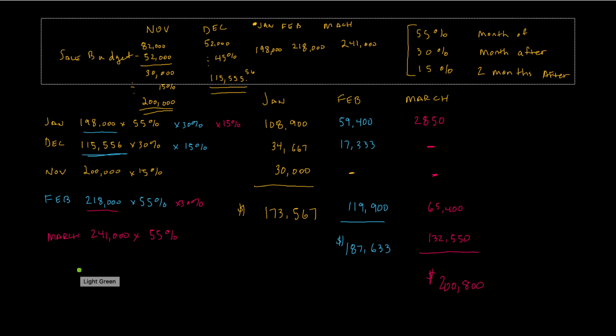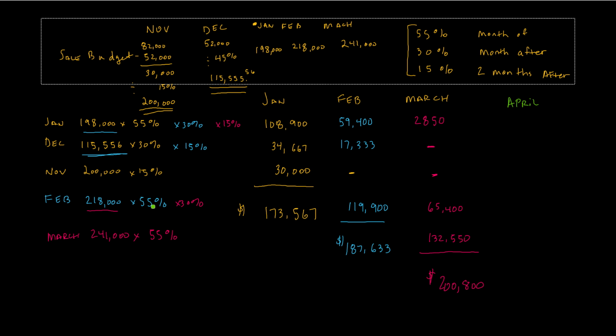To figure out what's left, in February, am I going to have anything to collect in April? Well, I sure am. In April, that's 2 months after February, so I'm going to have 15% of that to collect.